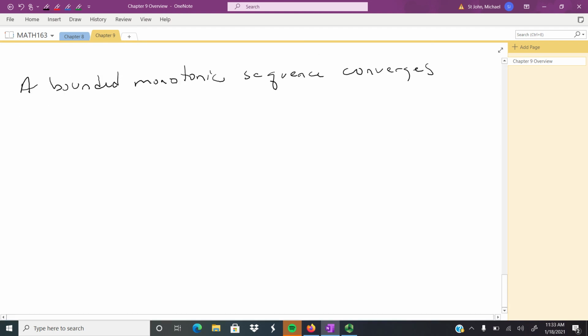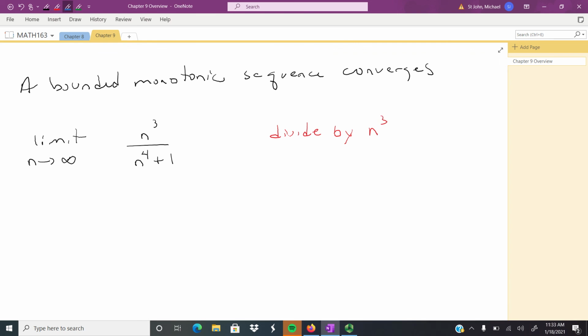All right. So how about this one? What is the limit as n goes to infinity of n cubed over n to the 4th plus 1? So again, if we divide everything by n cubed, we're going to get 1 over n plus 1 over n cubed.